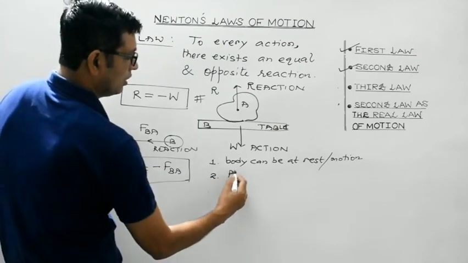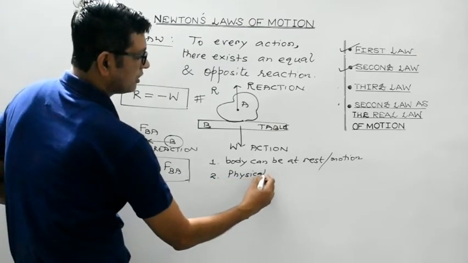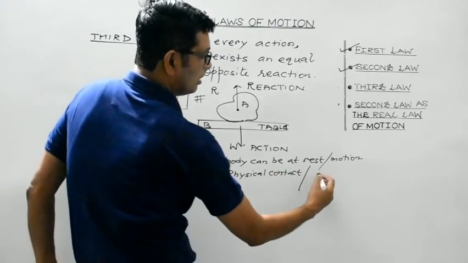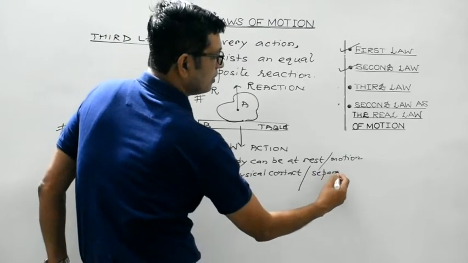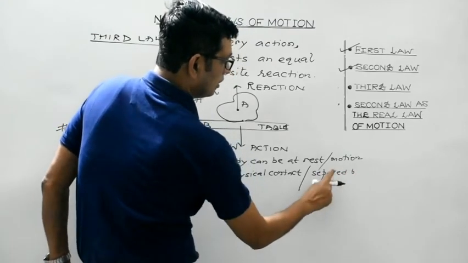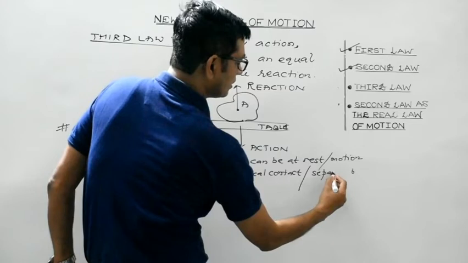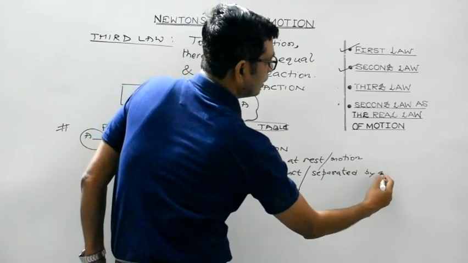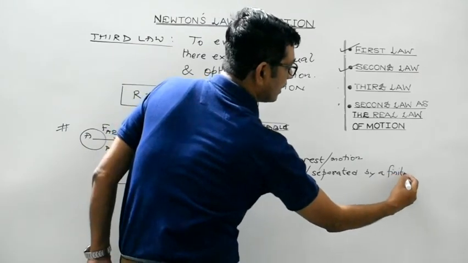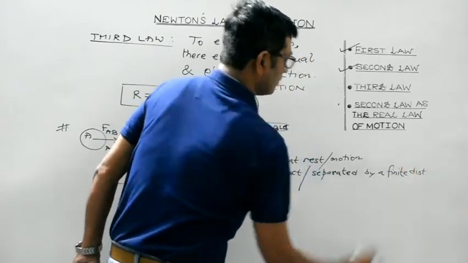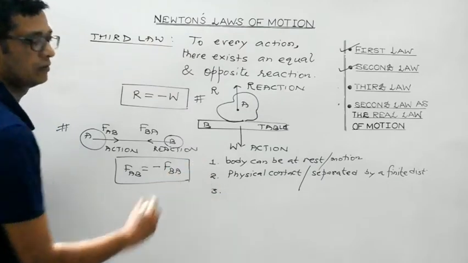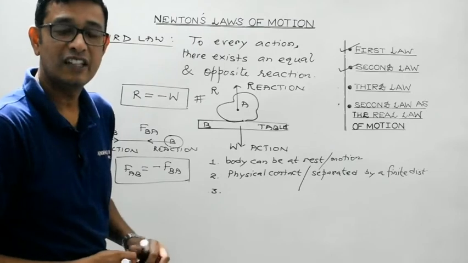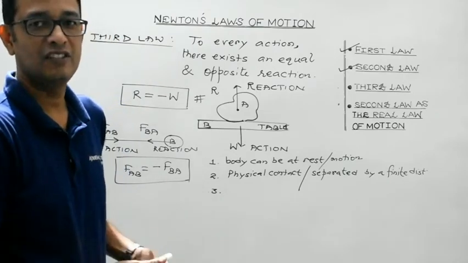So there can be physical contact between the two bodies under consideration or they can be separated by a finite distance, right? Third, which is very, very important, action-reaction, students, they act on two different bodies.